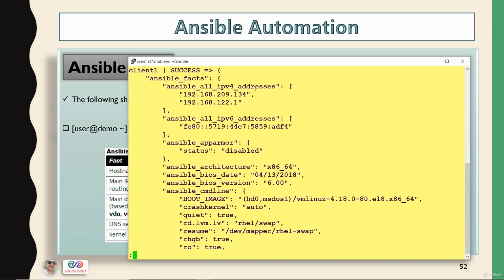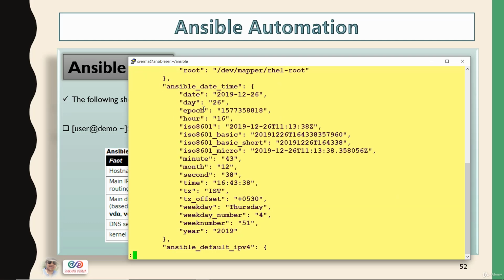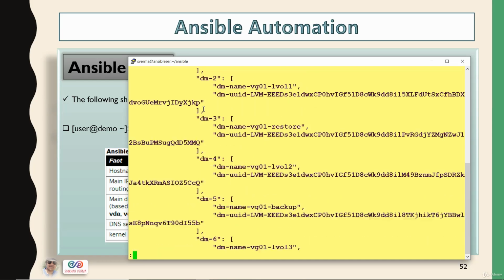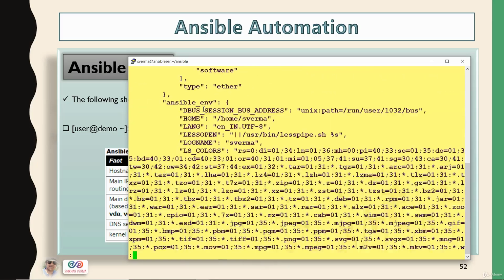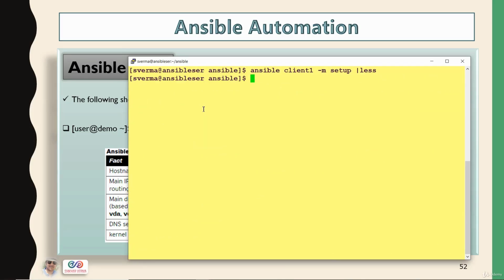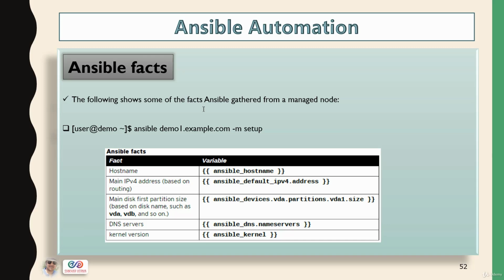So these are the variables. This is one variable. So if I want to use the filter, if I give this, it will give you the IPs only. So if you simply run setup, it is going to give all the details, all the facts from the server. So I have got a big output, that is, it has gathered the facts from my managed host.